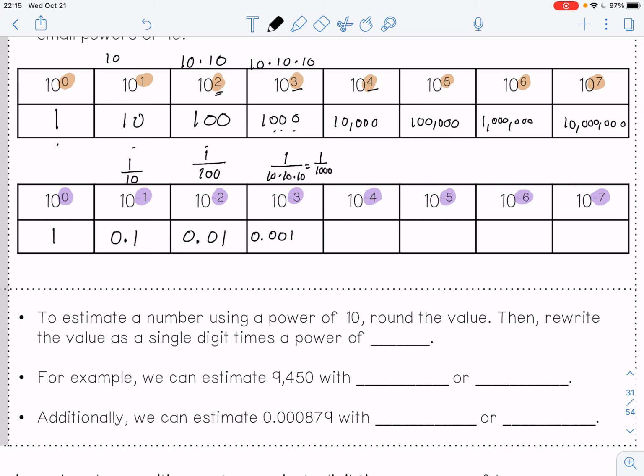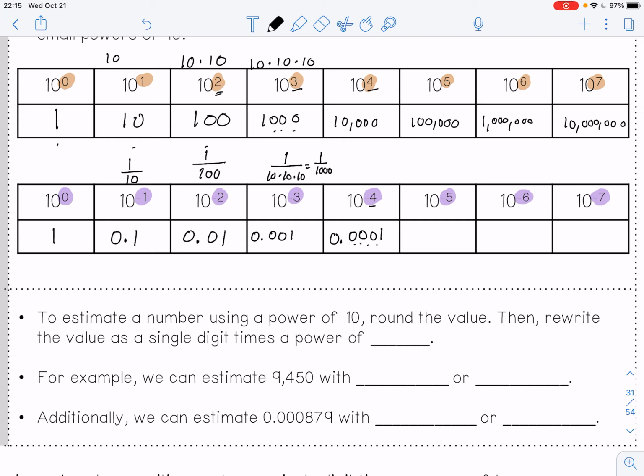From now on, let's see if we can just keep going by the exponent. So 10 to the negative fourth power should be 0.0001. Notice here the exponent doesn't tell us how many zeros, but it does tell us how many digits we should have total. So we've got 4, so we should have a total of 4 digits down there.